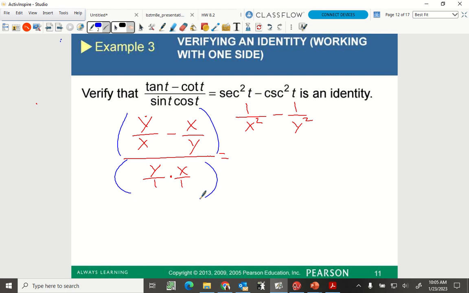Both of them, X and Y. So it's X and Y. All right, so the common denominator for the whole thing down here on the bottom is 1, right? So I would multiply everything by the common denominator, which is just going to be XY.